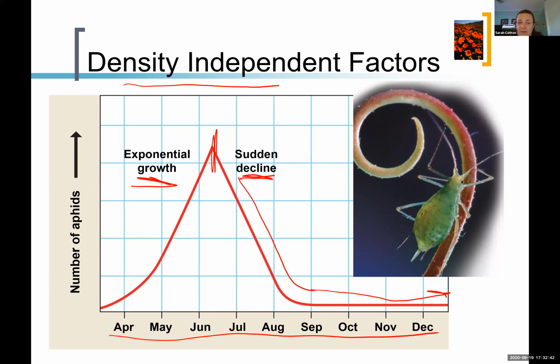I'll say that one more time and then just chew on that for a second. Okay, many times density independent factors have an effect on population growth rates before density dependent factors have a chance to.